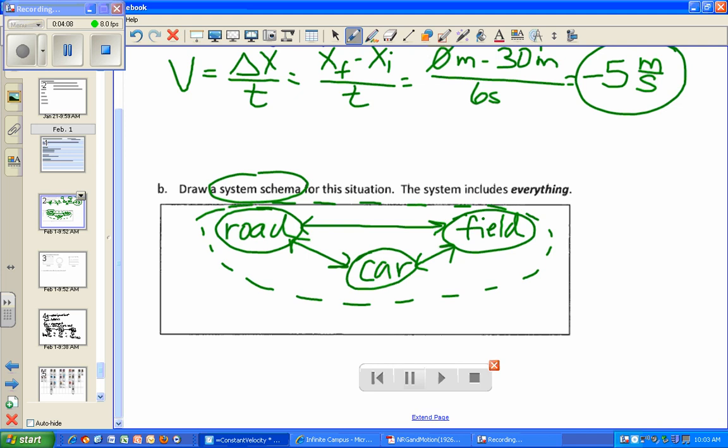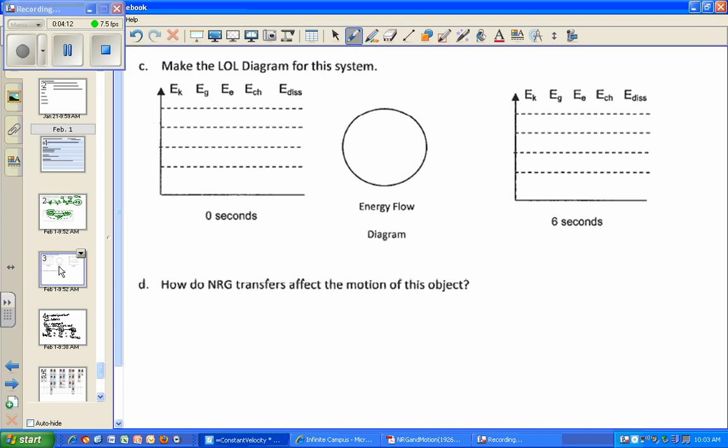Alright, so now the next thing that you're asked to do is make the LOL diagram for the system. So thinking about the system schema and the things that are involved, thinking about the motion of the object and what's taking place here, what kinds of energy are involved? Let's talk about that first. Is there EK? At 0 seconds, is there EK?